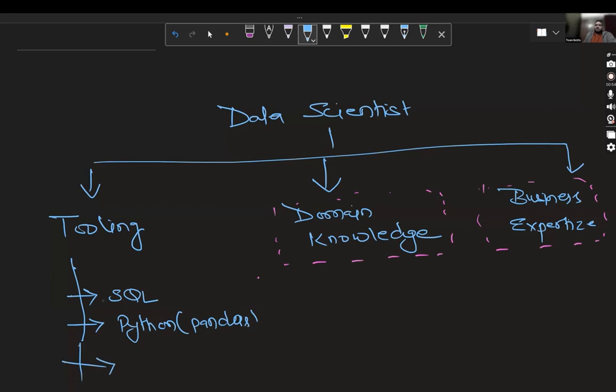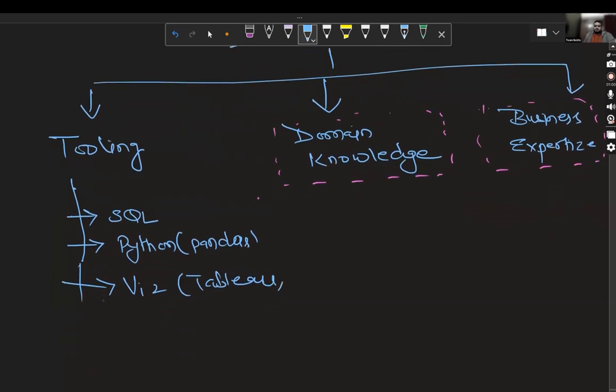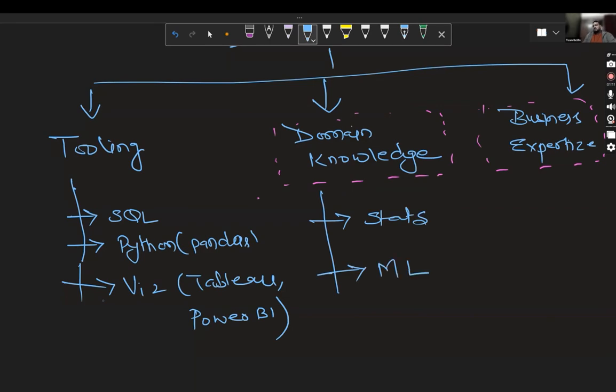Then we talk about visualization tools like Tableau, Power BI. Similarly, when I talk about domain knowledge, here I'm talking about stats and machine learning.